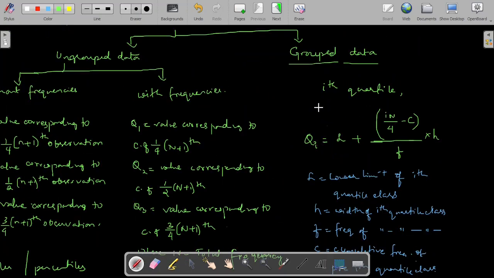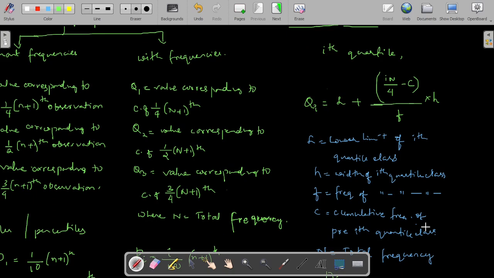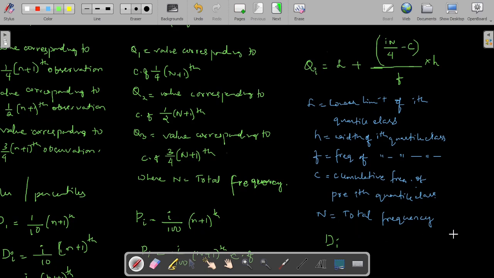For grouped data means the data will be in terms of class intervals. So L means lower limit of the ith quartile class, H is the width of ith quartile class, F is frequency of ith quartile class, C is cumulative frequency of pre-ith quartile class, capital N means total frequencies. These are the descriptions for the terms used in the formula.